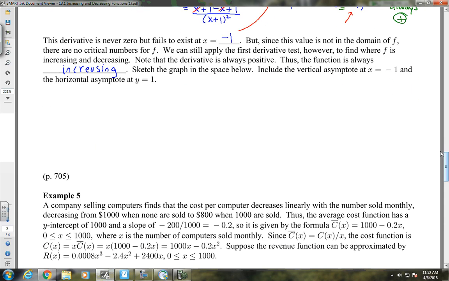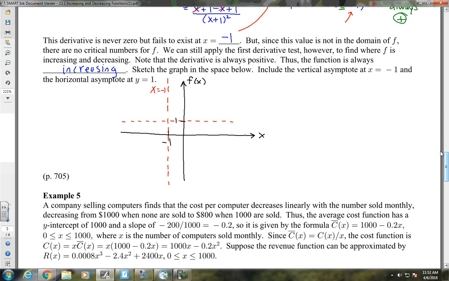So with the help of our lovely calculator, we can make a sketch of our graph and show that it's always increasing. So we had a vertical asymptote at -1 and a horizontal asymptote at 1. So I'm going to go ahead and label that. A lot of times on a graph, you'll see asymptotes sketched as dashed lines.